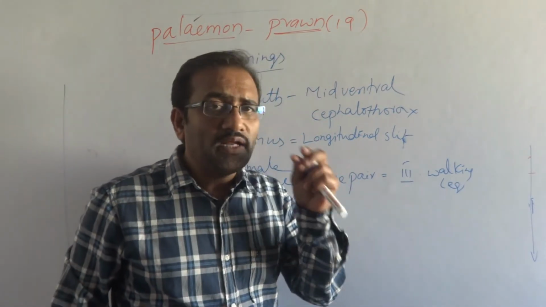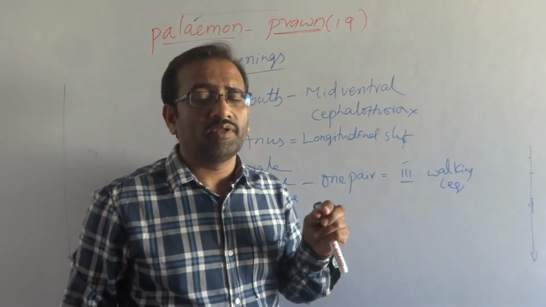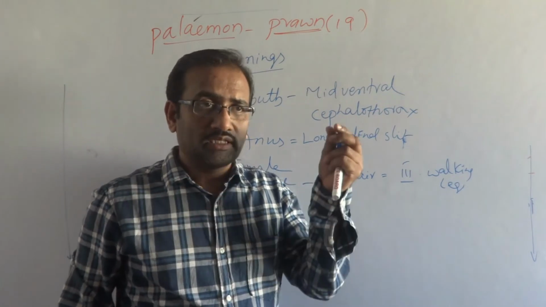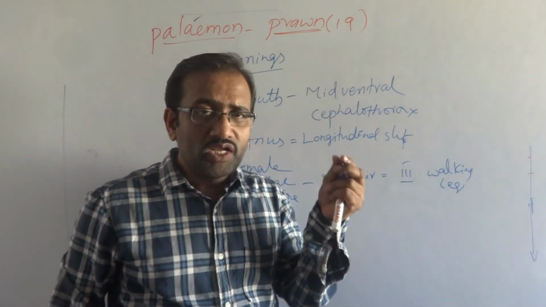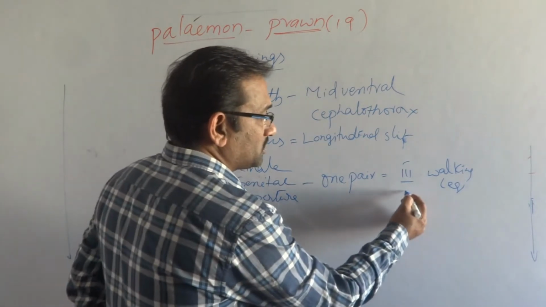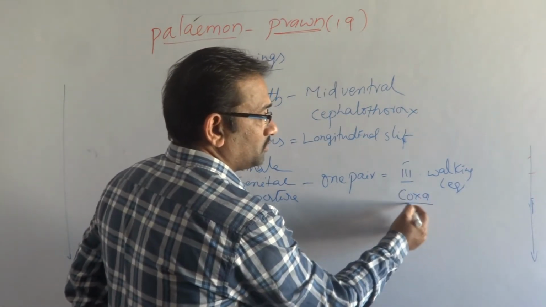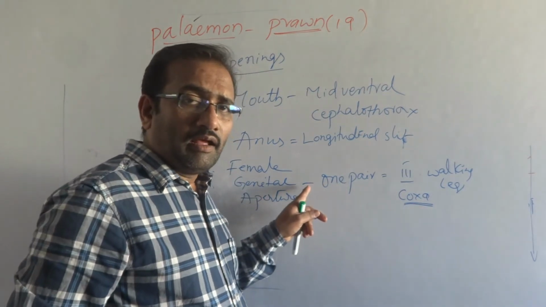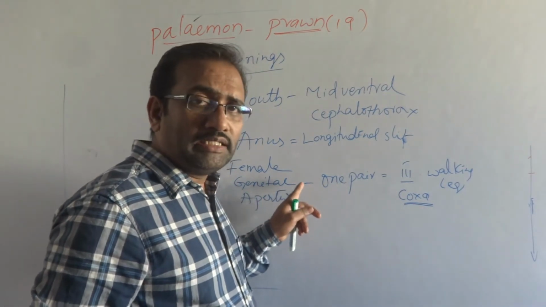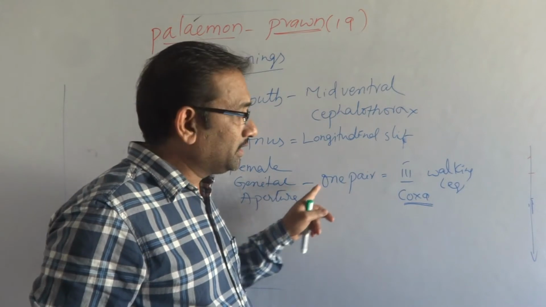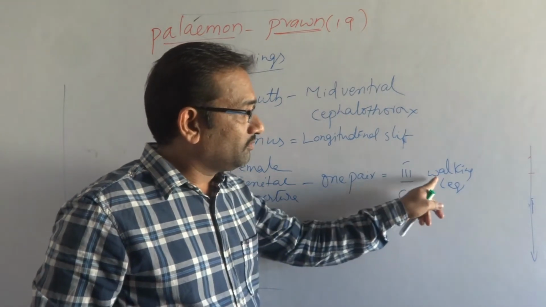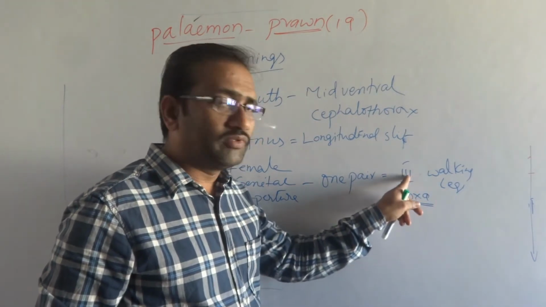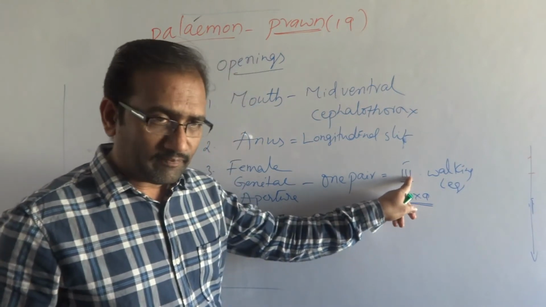The starting part of the leg, which enters from the body of the prawn, is called the coxa. So on the coxa, the genital apertures are present. In females, they are located on the coxa of the third walking leg.